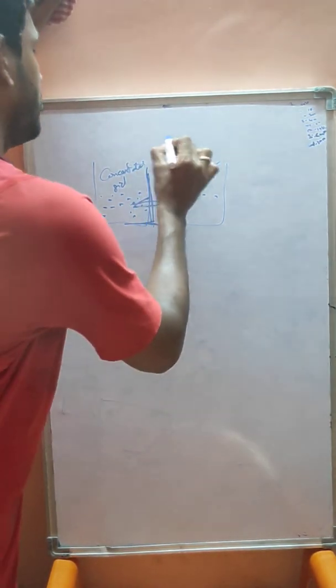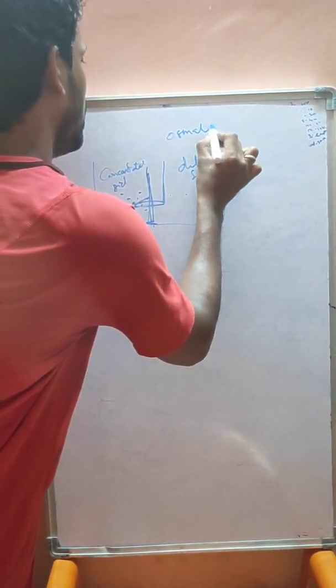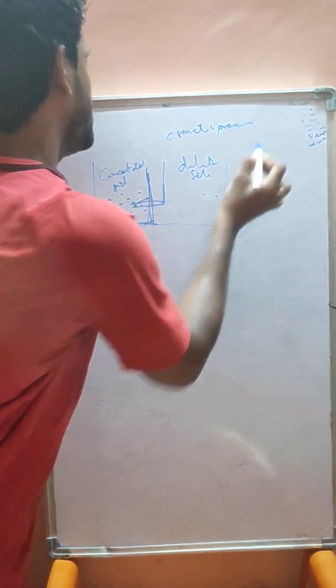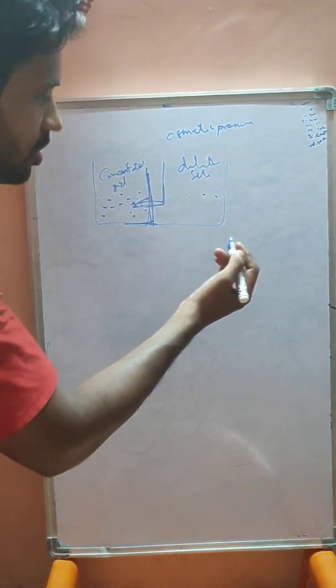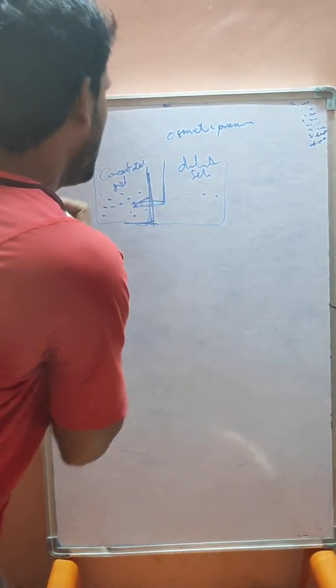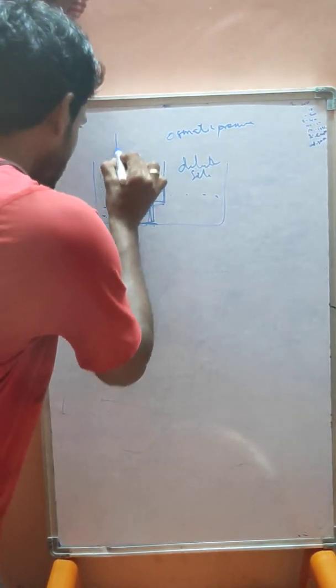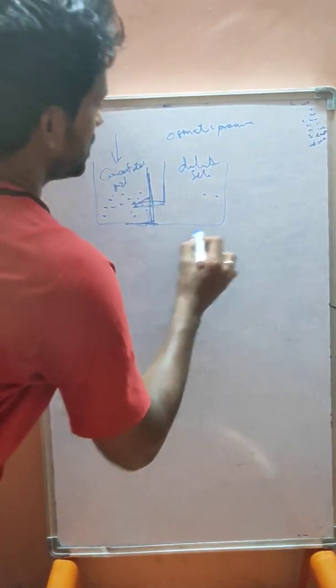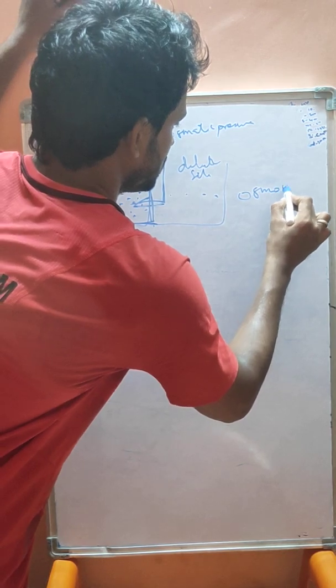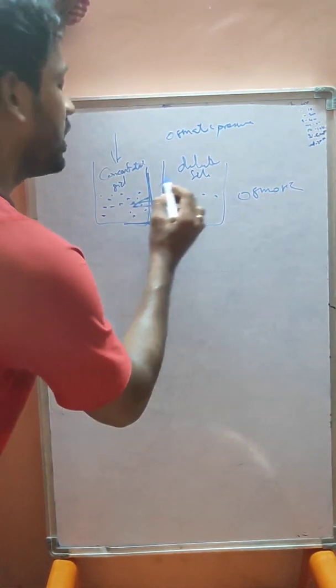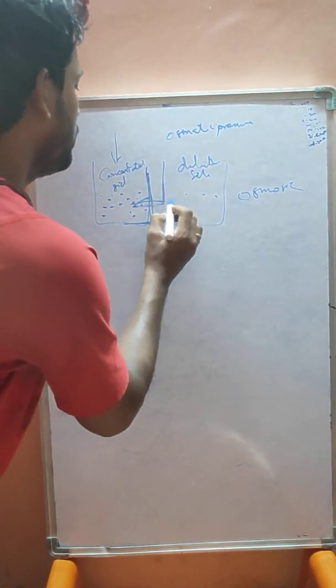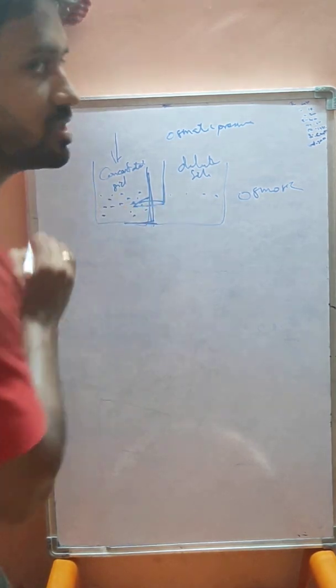That is called osmotic pressure, because of the concentration difference. This is called osmosis, the movement, or equalizing of both sides, through the movement of these dilute particles to the concentrated side.